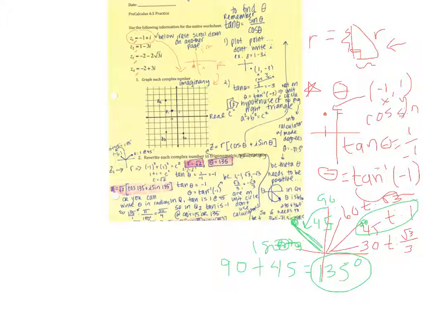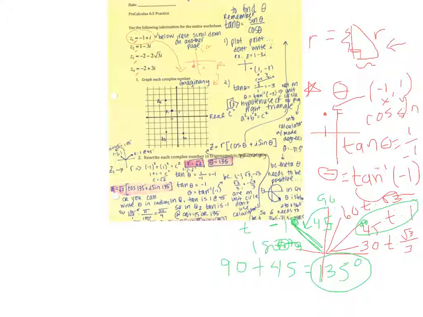And because we know that in quadrant 2, our cosine is negative, or x is negative, and our sine is positive, because we have a positive over a negative, our tan ratio right here would be -1. So it makes sense that we're reflecting that 45-degree angle into quadrant 2.